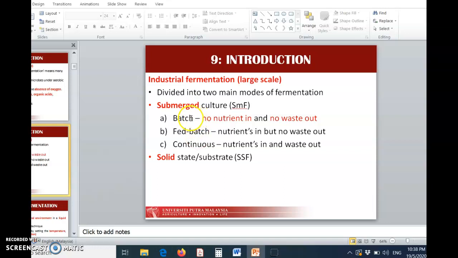The first one is batch, which means no nutrients in and no waste out. The second one is fed batch, which means we put nutrients into the fermentation tank, but we don't take any waste out from the fermentation tank. And the third one is continuous, which means there will be nutrients into the fermentation tank, and we also take out the waste from the fermentation tank.